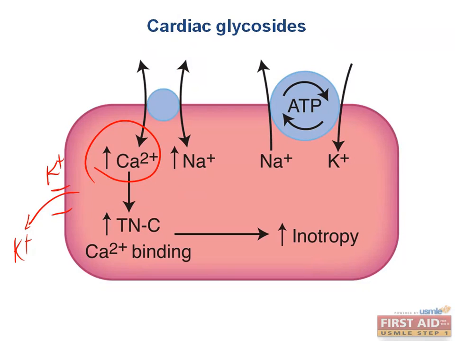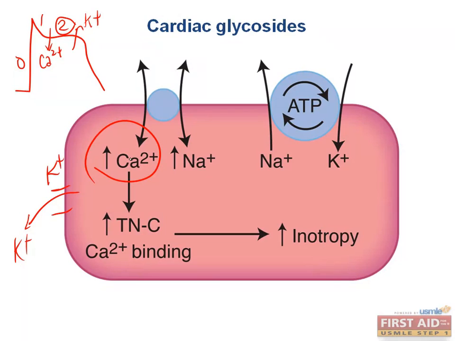The myocardial cells should always work as a team. So this accumulation of intracellular calcium can also trigger depolarizations because phase 2 of our myocyte depolarization is dependent on the influx of calcium and the efflux of potassium.